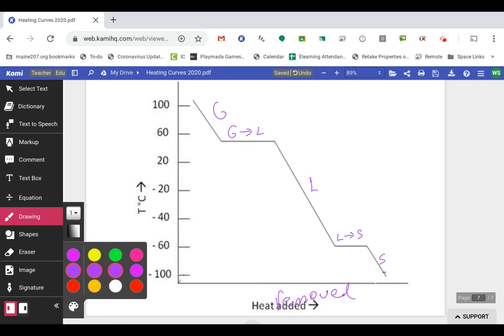This is called a cooling curve. Again, kinetic energy, kinetic energy, kinetic energy, potential energy, potential energy. Temperature change, kinetic. Temperature's constant, potential. That's it. These are not meant to be incredibly difficult.